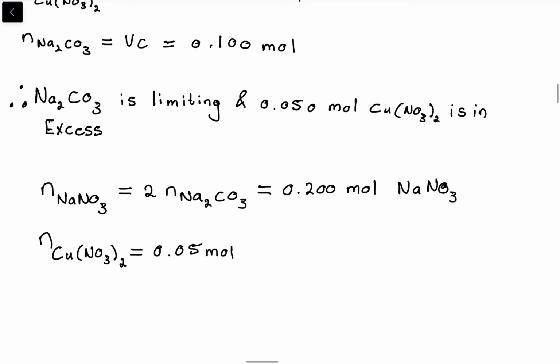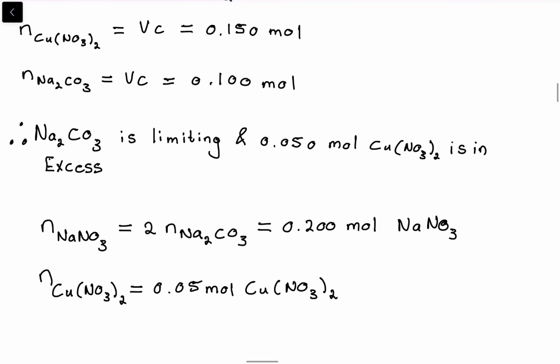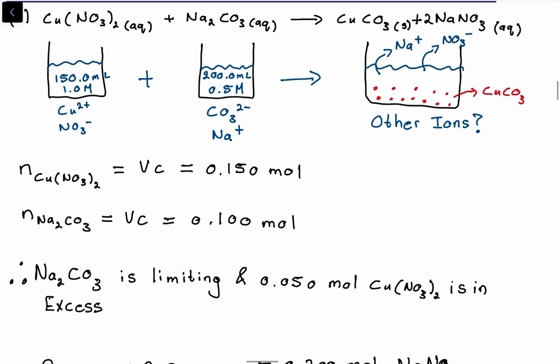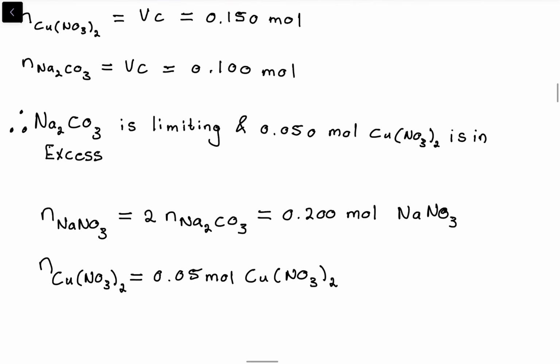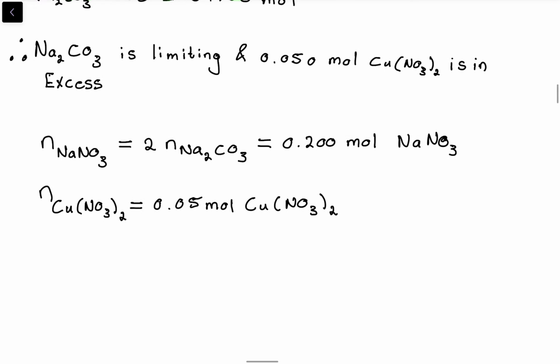Okay, so that gives us copper nitrate. So this gives us a summary of the moles of the stuff that is still in solution, because the sodium carbonate gives us an idea of how much copper carbonate formed, and this gives us an idea now of how many moles of ions are still left. So how much sodium nitrate formed and how much copper nitrate was left in excess.